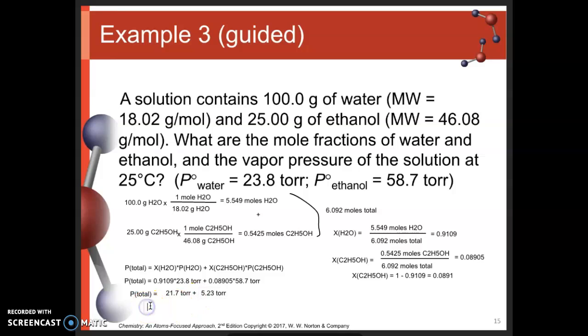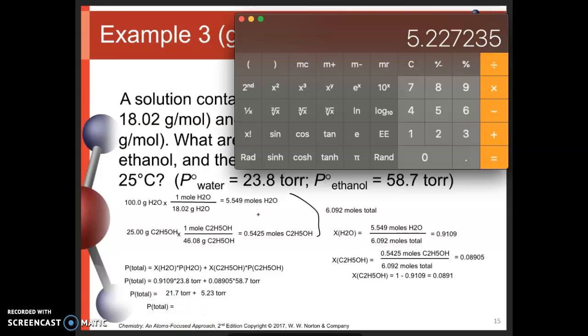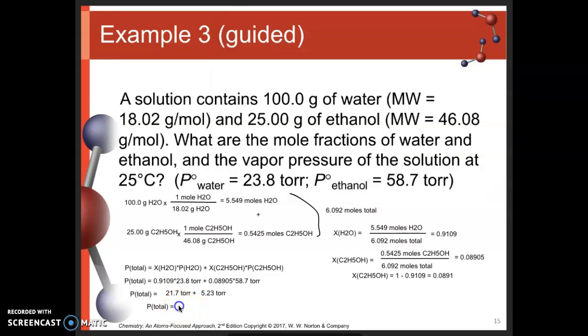And so putting that all together, the total pressure, to one decimal place, because this is our fewest number of decimal places, 21.7 plus 5.23 would give me 26.9 torr.